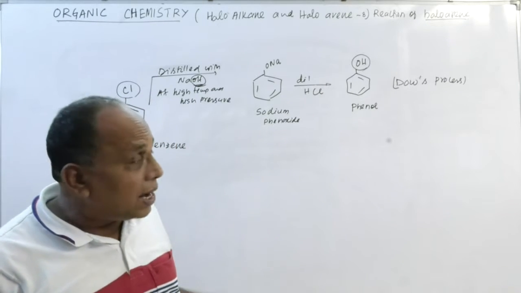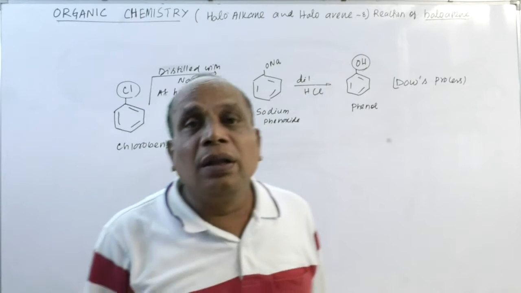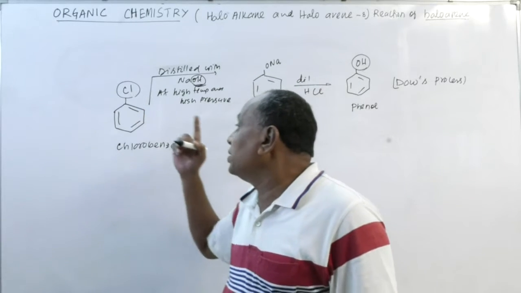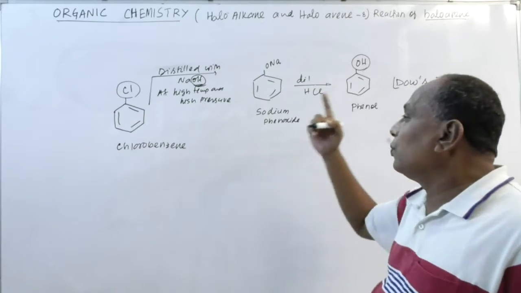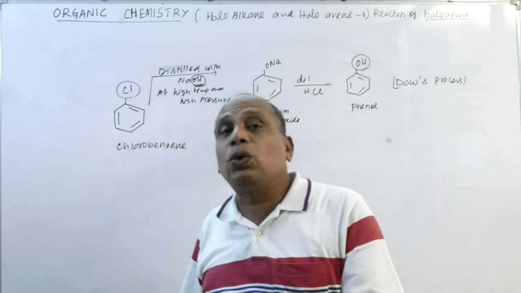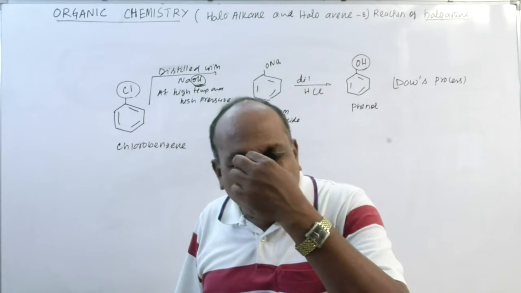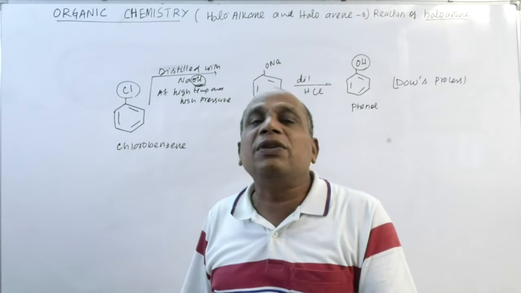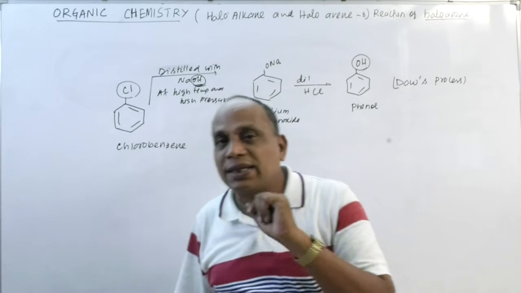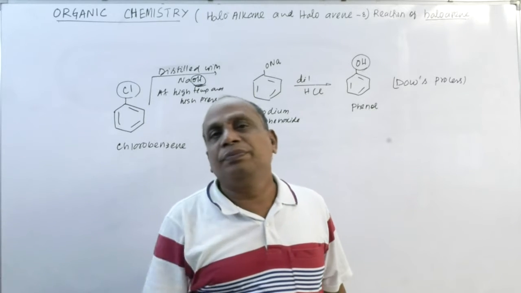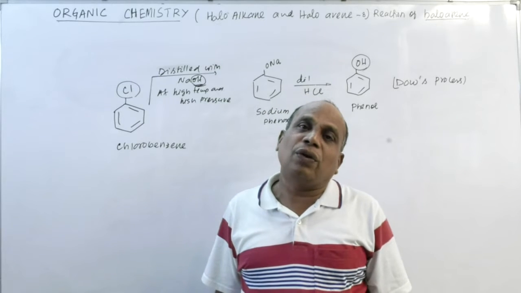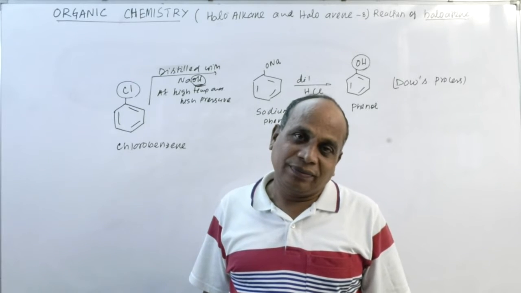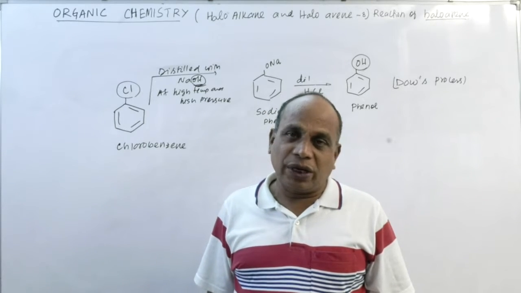Okay students, you learned here how you can convert chlorobenzene to phenol, or we can also convert benzene to phenol. How can you convert benzene to phenol? Benzene is first converted to chlorobenzene by chlorination, and then chlorobenzene is converted to phenol by the Dow process.